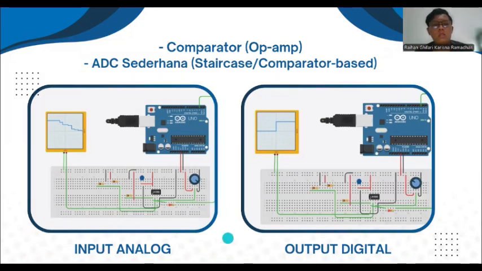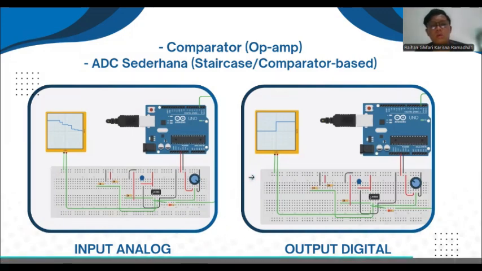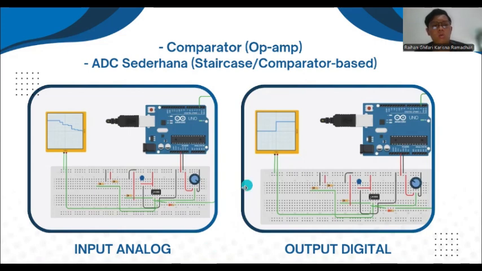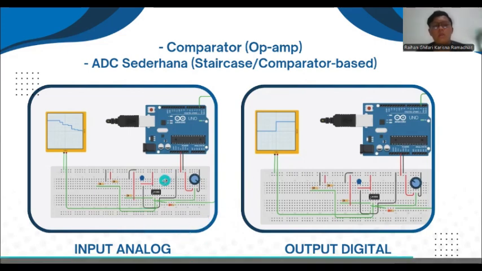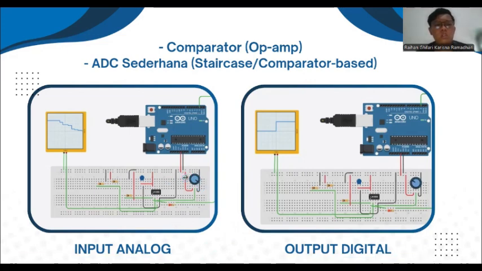Left side is the comparator op-amp. Left side explaining analog input. Please direct your attention to the left side of the slide. In this configuration, the oscilloscope is connected directly to the potentiometer.